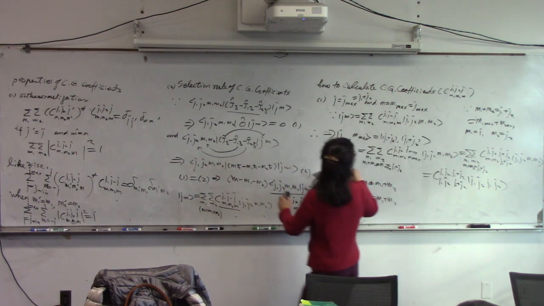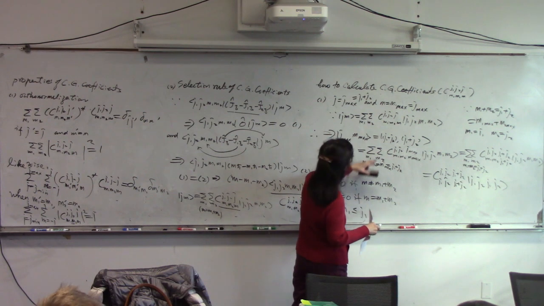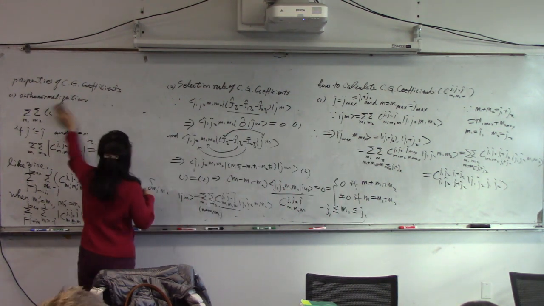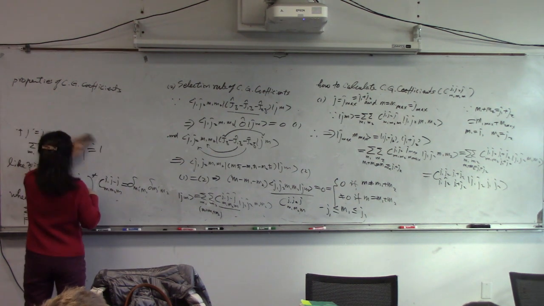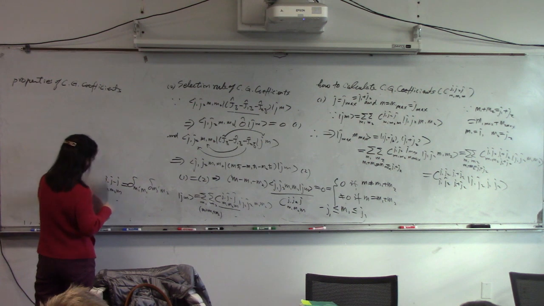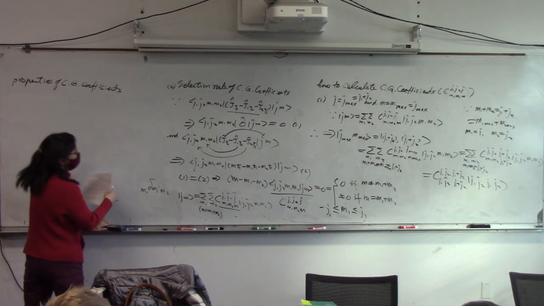Now the left-hand side is here, right? So now we can use the normalization of the eigenstate. Since this is only one Clebsch-Gordan coefficient, we can easily, okay, we have that.